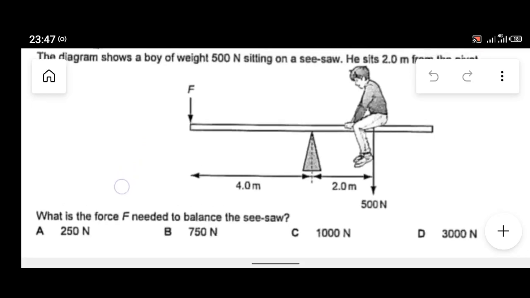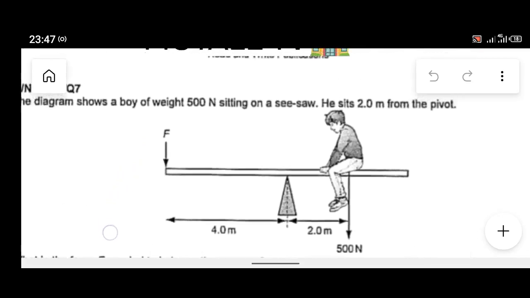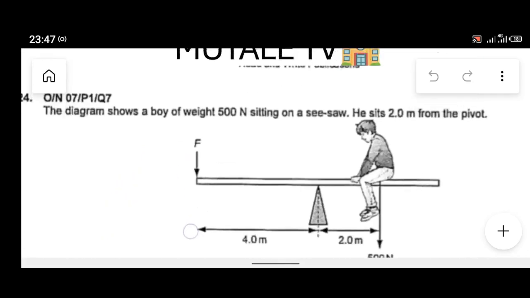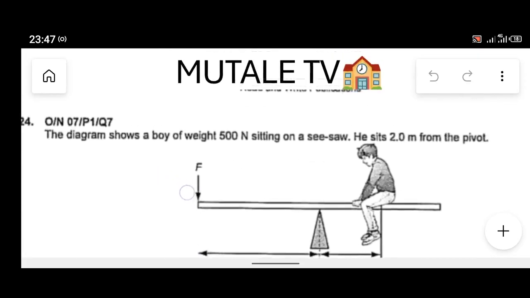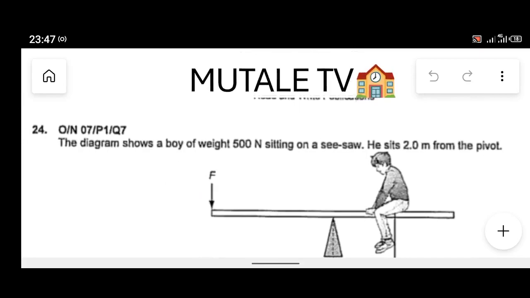Okay, so we know the formula we're going to use here. The formula we're going to use here is the principle of moments, which simply states that the sum of clockwise moments is equal to the sum of anti-clockwise moments.